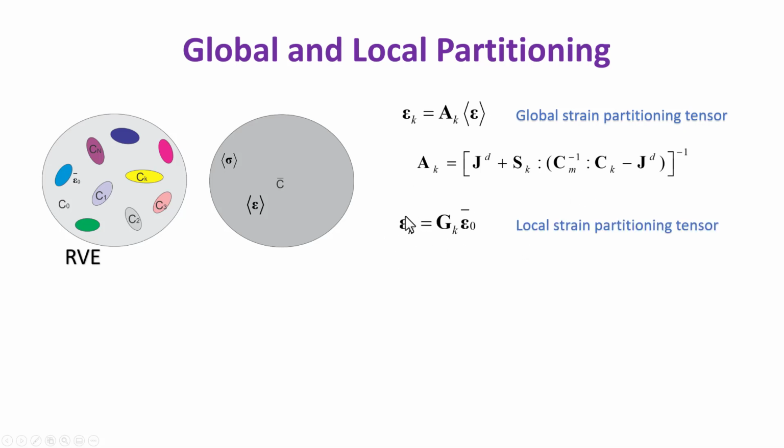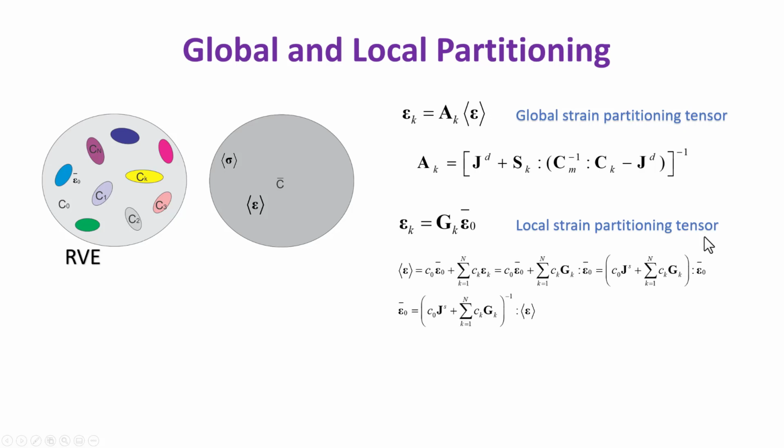We can alternatively write the strain or strain rate in the kth element as a partitioning relationship like this in terms of the average strain or strain rate of the matrix. And this G_k is called the local strain or strain rate partitioning tensor.